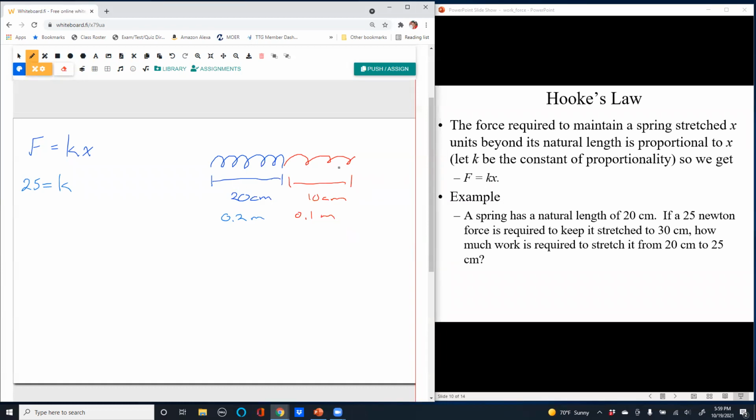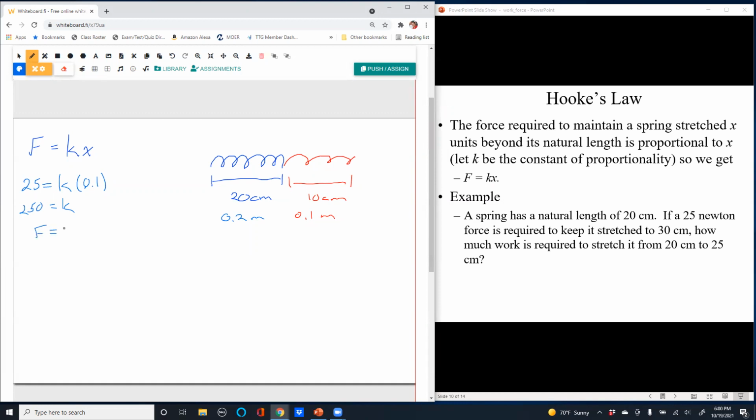We pulled it out to 30, which was only an additional 10. So that's why right here is just 0.1, not the whole 30 centimeters, because it's 20 natural resting length. It's pulled another 10. There's the 30. We solve this for K. This is going to give a K of 250.